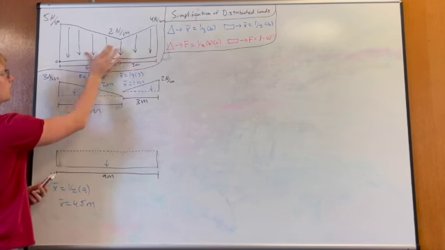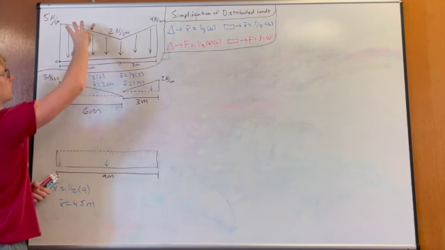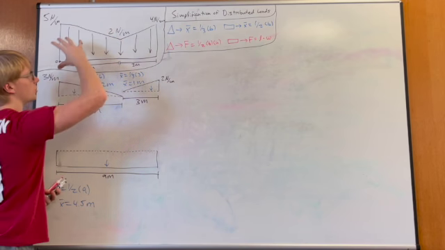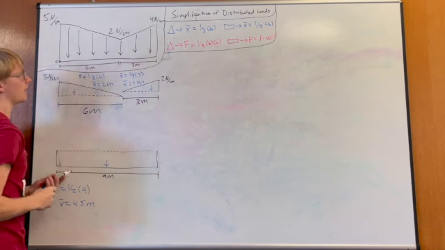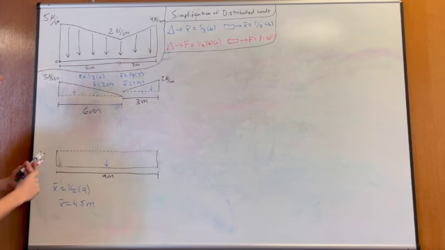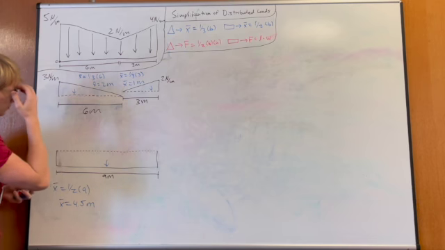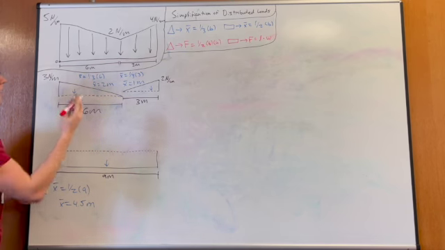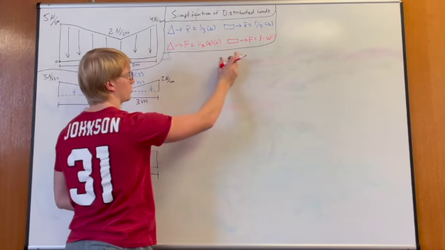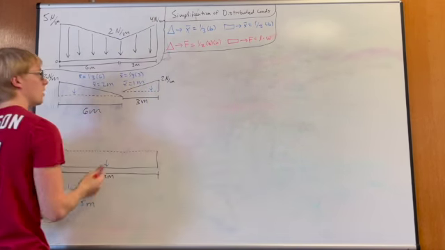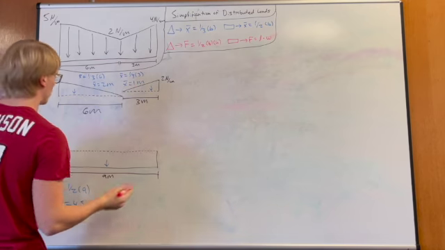The amount of force being applied is equivalent to the area of the shape. And area is simple, it's half base times height for a triangle and length times width for a rectangle or a square.